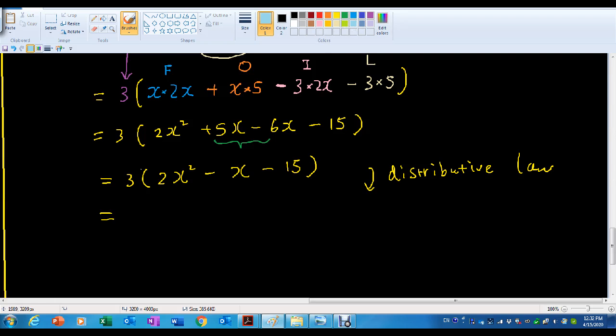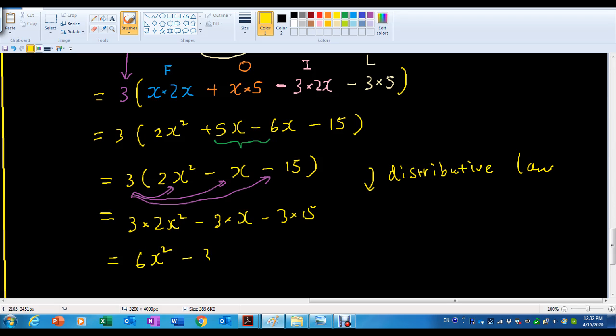You need to distribute that 3 to every term. So that means 3 times 2x squared, minus 3 times x, minus 3 times 15. That's 6x squared minus 3x minus 45.